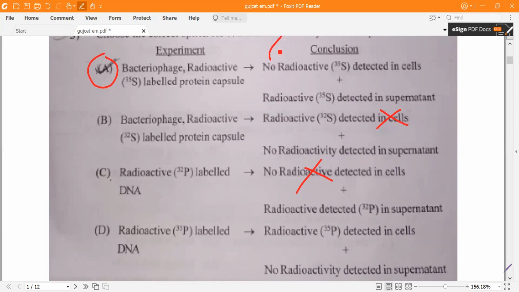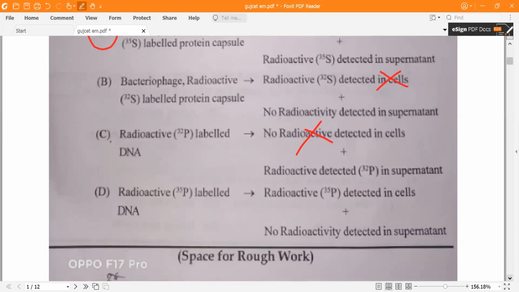Then the last option: the DNA was P35 labeled, then radioactivity was found in cells, and no radioactivity was detected in the supernatant. So it also sounds true, beta. So which do we have to choose? It is also true.